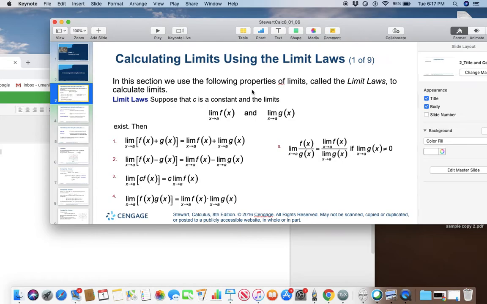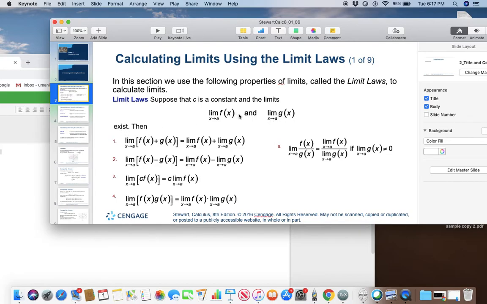We use the following properties of limits, called the limit laws, to calculate limits. Suppose that C is a constant. Okay, that is, pretend C is some number, 5, 6, whatever, constant. And suppose that the limit as x approaches a of f(x) and the limit as x approaches a of g(x) exist.